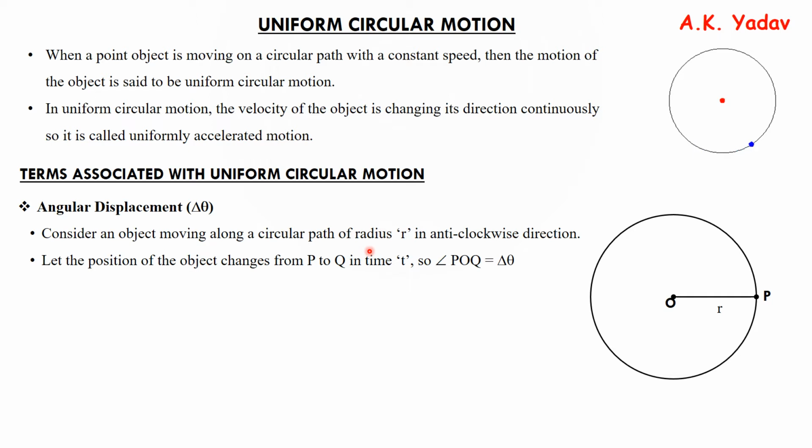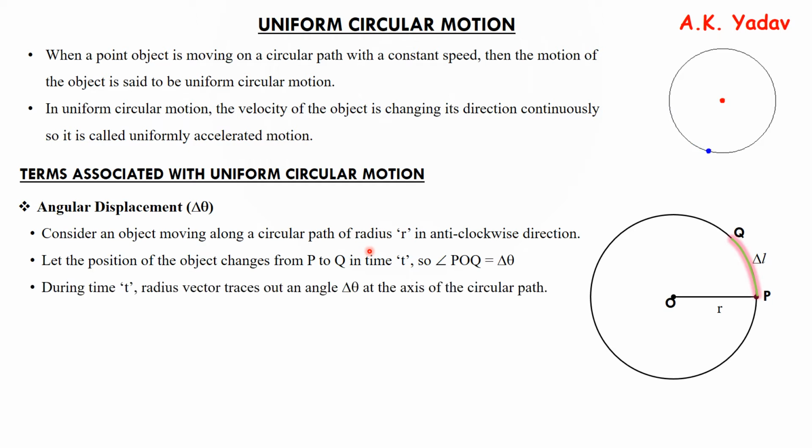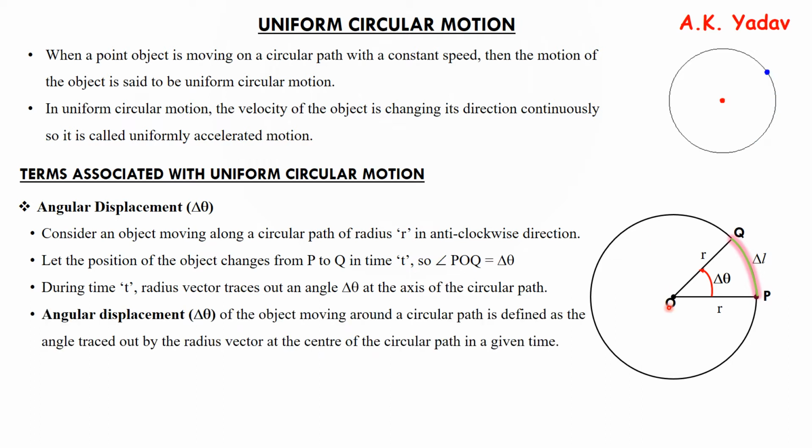Let the position of the object change from P to Q in time t such that angle POQ is equal to Δθ. Here it has covered this distance ΔL. The radius vector traces out an angle Δθ at the center of the circular path. As we said, it is moving in anti-clockwise direction.